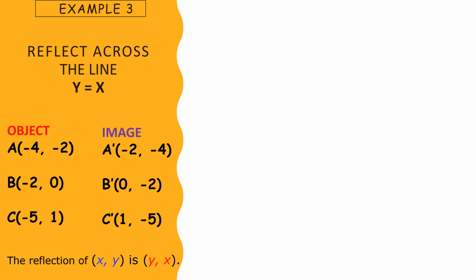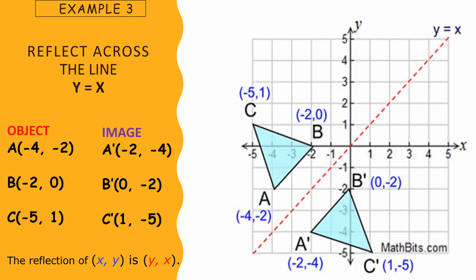So the coordinates of the vertices of the image will be this. So just switch -4, -2 for the object, then the image will be -2, -4, and the same for B and C.